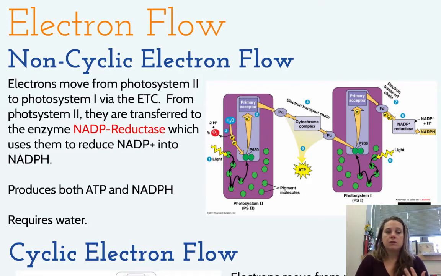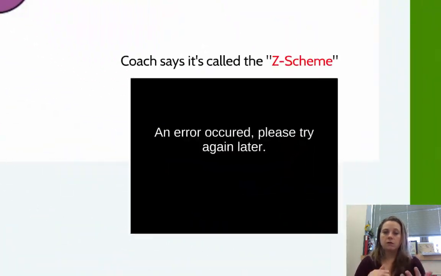They move from photosystem 2 through photosystem 1 via the electron transport chain. They then get transferred to NADP+ through the reductase enzyme, and reduce it into NADPH. This produces, at the end of the day, both ATP and NADPH, key components for the Calvin cycle.